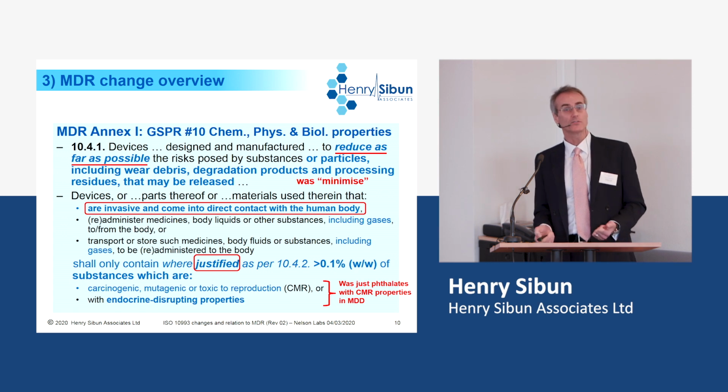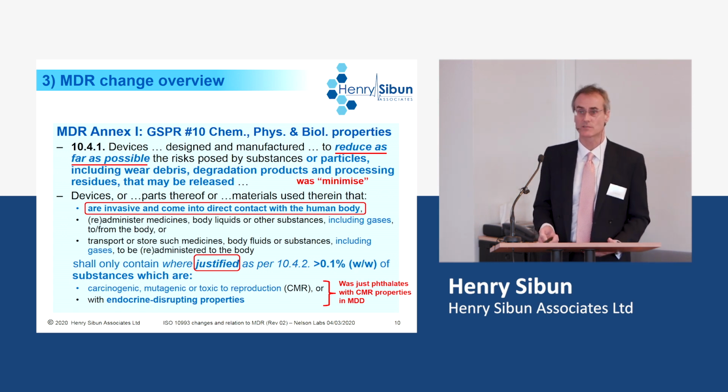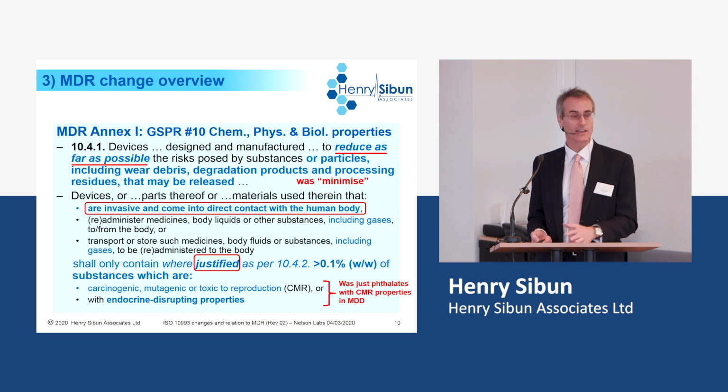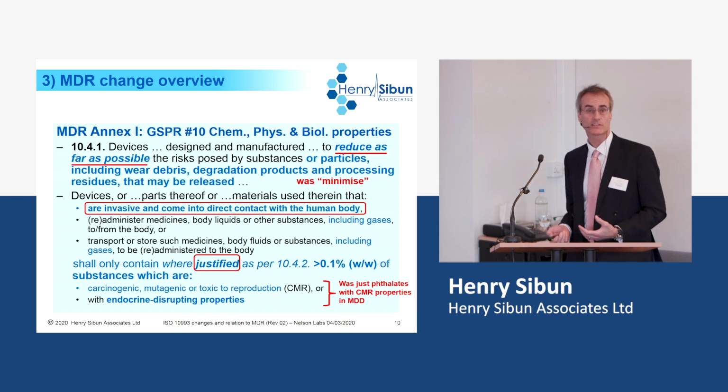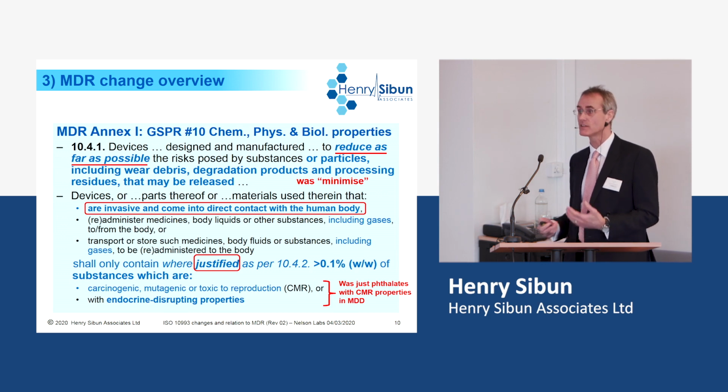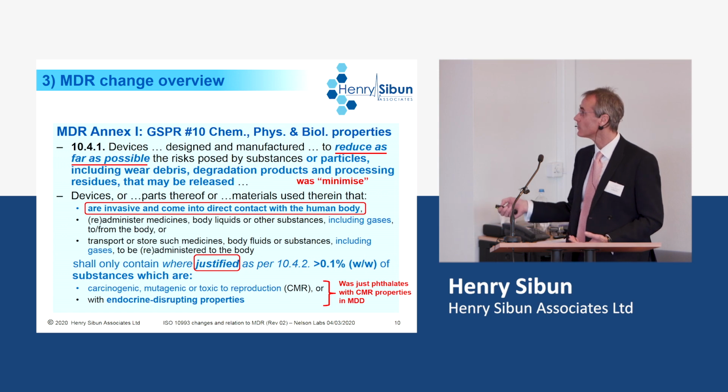The reality is you're not trying to justify why it's acceptable. You're justifying the good and the bad. And in my opinion, I don't see how you can justify the use of DEHP in things like infusion sets. I don't think it's possible to justify that if you're following this set of requirements.